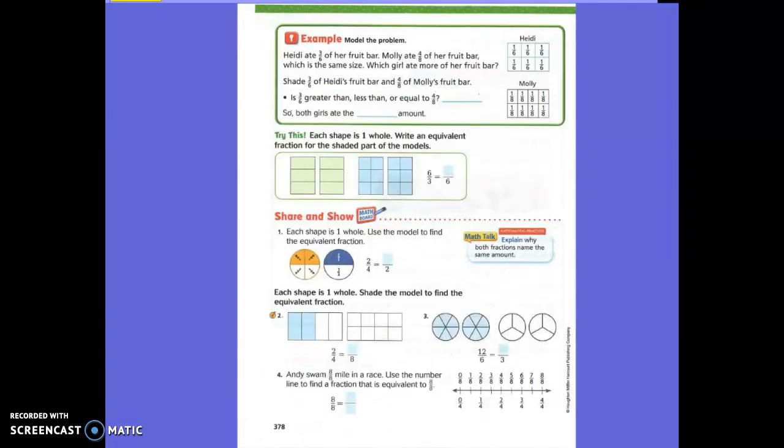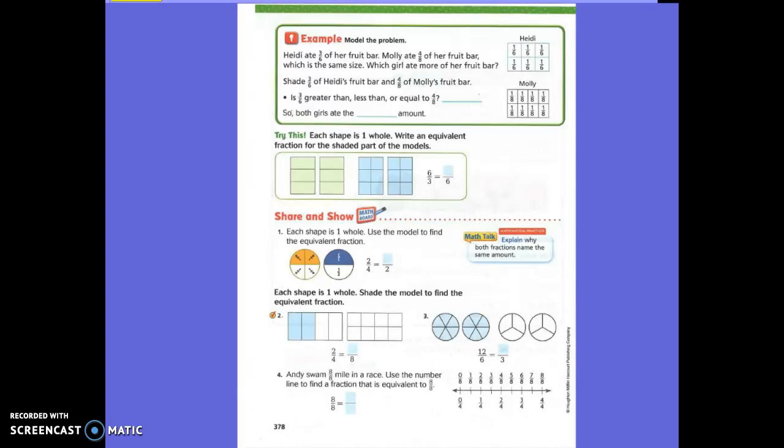Next page. Okay, another example of trying to find 2 different kinds of answers. Heidi ate 3/6 of her fruit bar. Molly ate 4/8 of her fruit bar. Which girl ate more of her fruit bar?